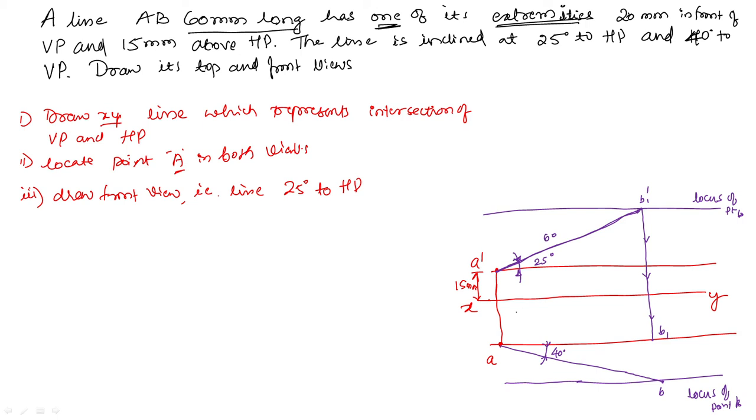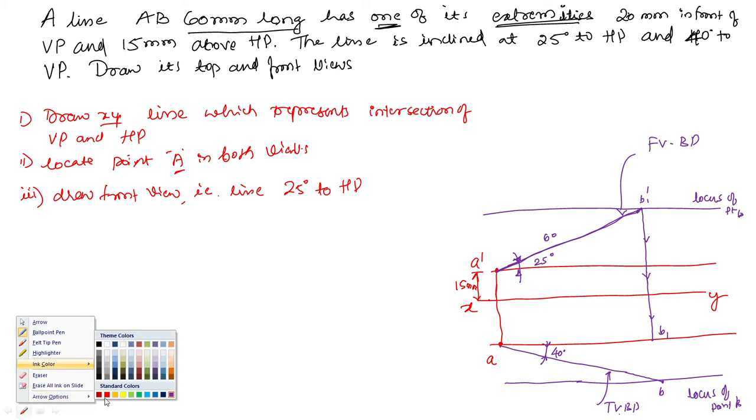Similarly, this is the front view based on the problem, and this is the top view based on the problem. Next, to get the true front view and top view.